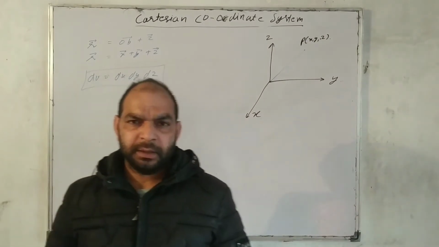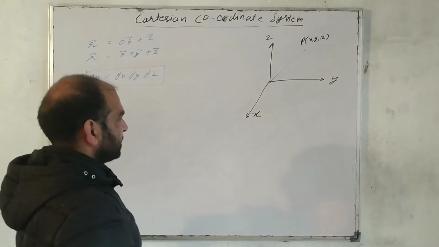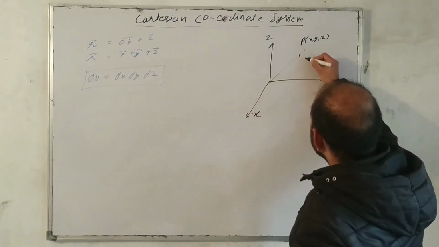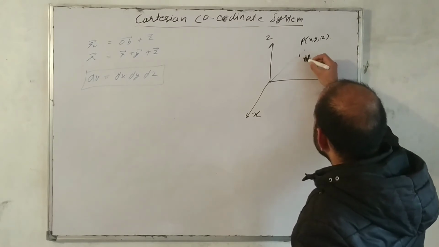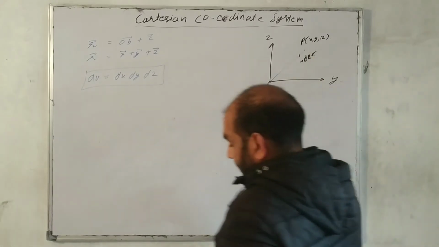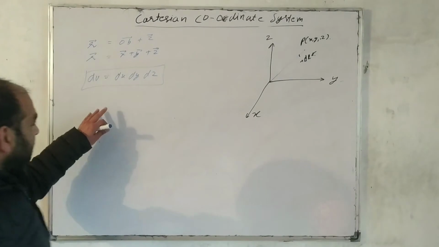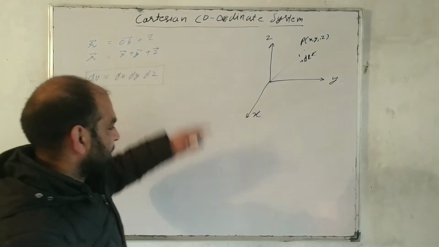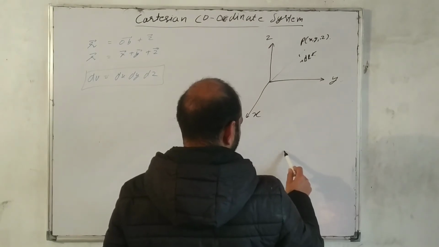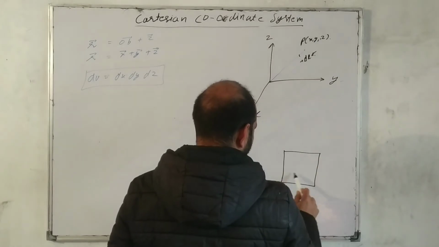Now we will calculate the line element in the Cartesian coordinate system. Suppose this is a small line dl. How will we calculate it? We will calculate it in a similar way, using the position vector. So consider a small volume element.